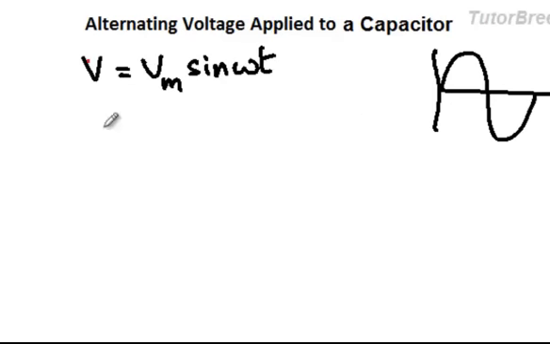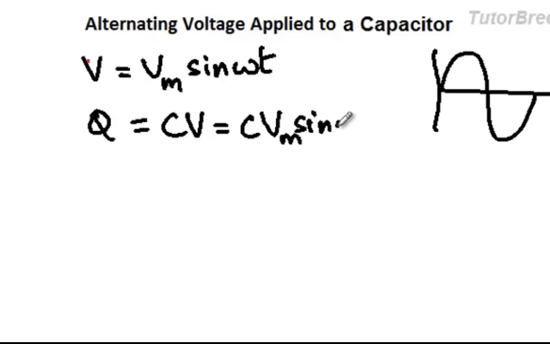Now this voltage is applied across the capacitor, so the charge Q on the capacitor is C times V, which is C times Vm sine omega t, and we just saw that the charge is also in step with the voltage, which means that there is no phase difference between the voltage and the charge.